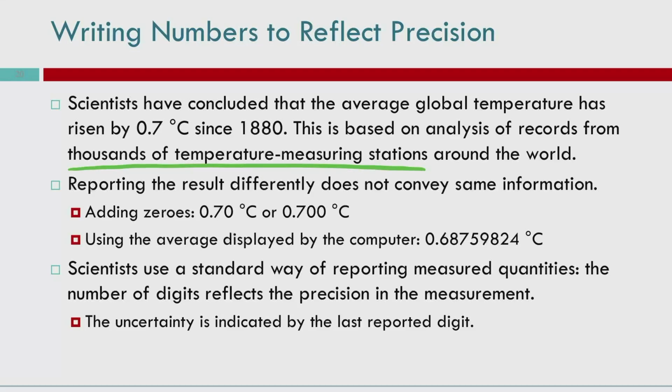If we just use the average value that the computer might have displayed with all of the decimal places after it, this implies that they were making very, very highly precise measurements of temperature at all thousands of temperature stations around the globe, which seems incredibly unlikely to me. I think very few people are measuring their temperature to that level of precision.